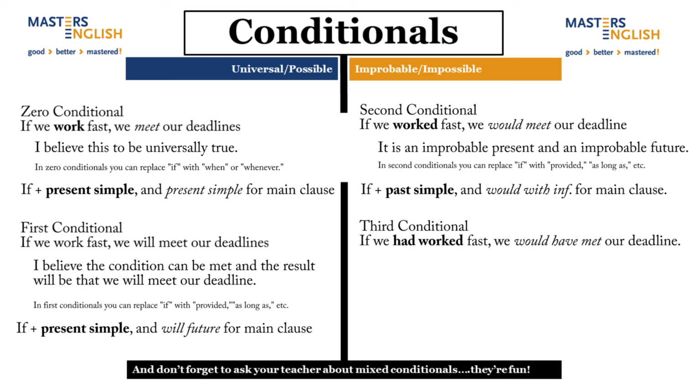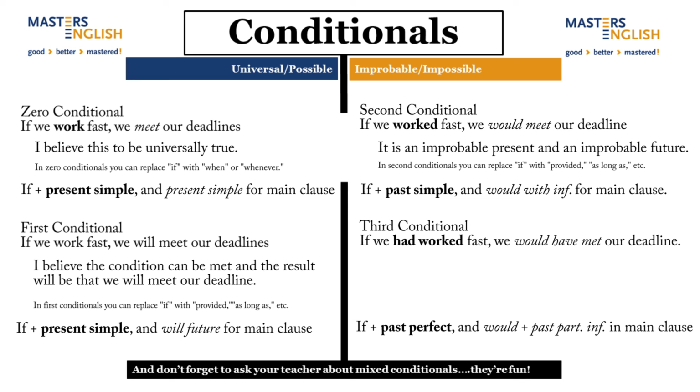Now, the last conditional that we're going to talk about is the third conditional. And watch what happens here. If we had worked fast, we would have met our deadline. What do I have in this if clause? I've got a past perfect. And what do I have in my main clause? I've got would plus a past participle infinitive, which essentially just means have plus the third form of the verb.